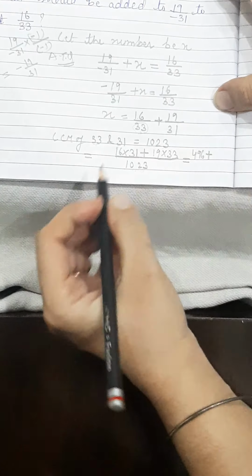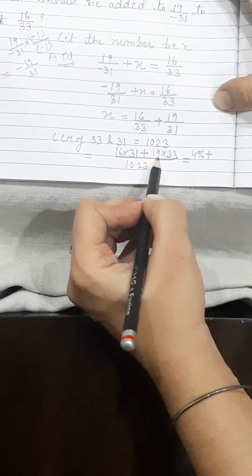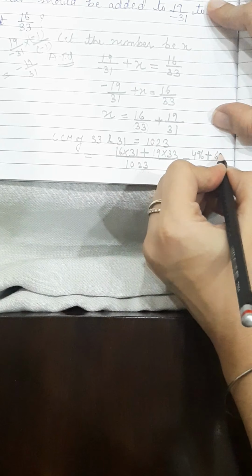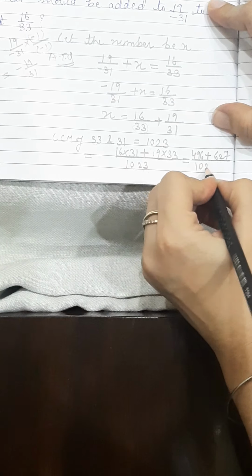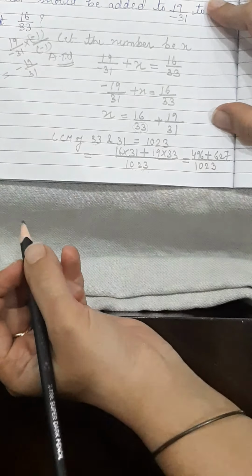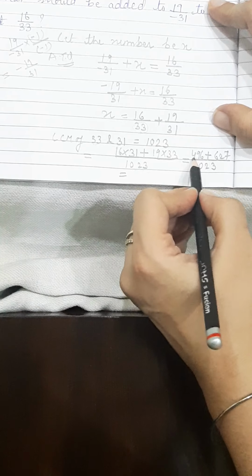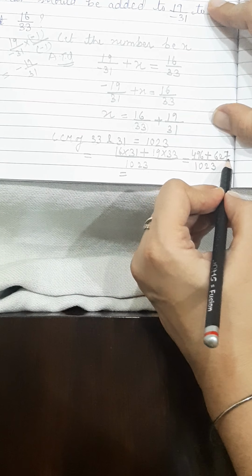496 plus 33 into 19. When you do 33 into 19, then 627 will come, right, upon 1023, right? Now add these two, 496 plus 627.